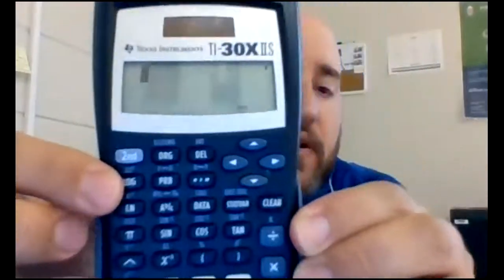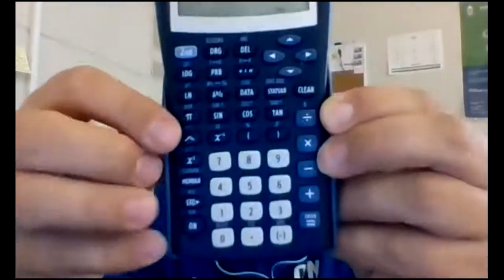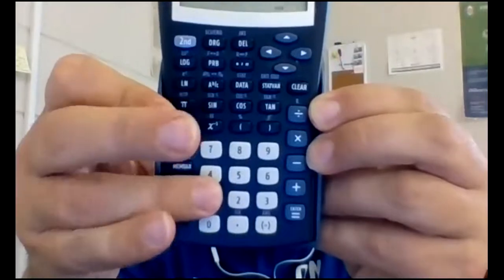You can't change the base. So when I have log of 100, I'm going to hit log, then 100, and close parentheses. So that's how I type it in if I'm trying to evaluate it.